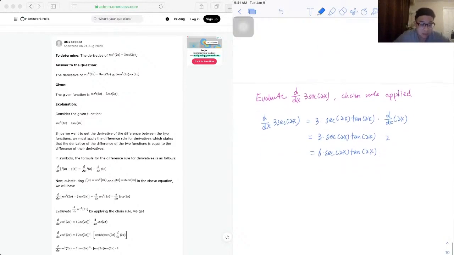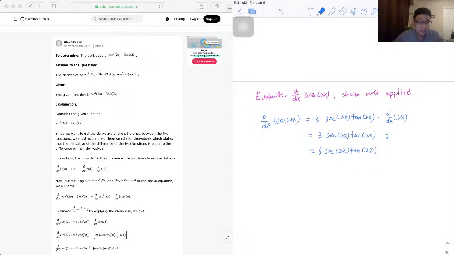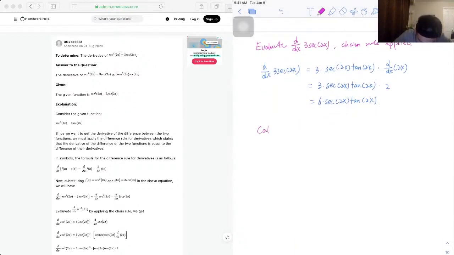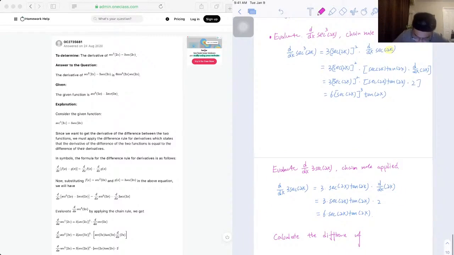And so now we got both parts, so we can calculate the difference of the derivative of secant 2x to the exponent of 3 and 3 secant 2x. So now we calculate the difference of the first part and the second part.